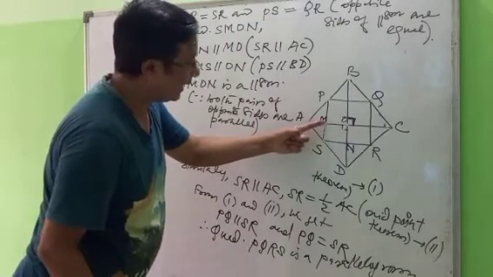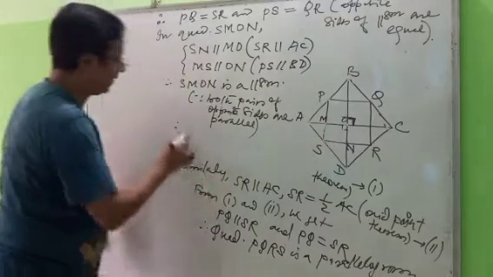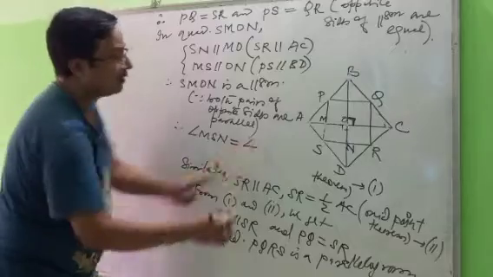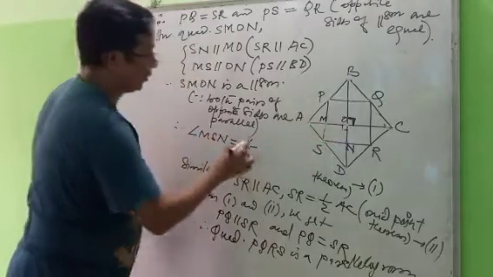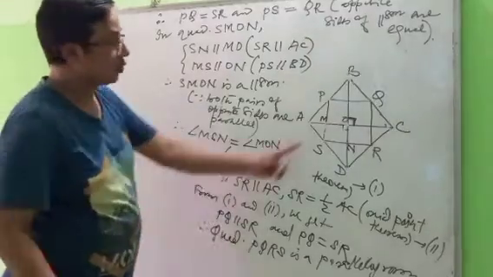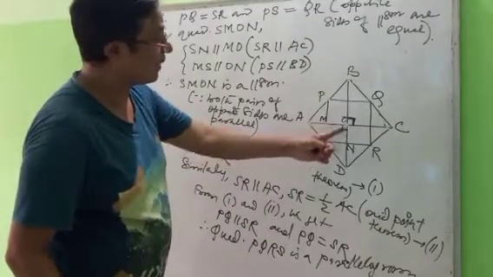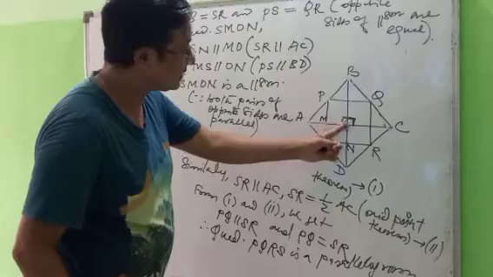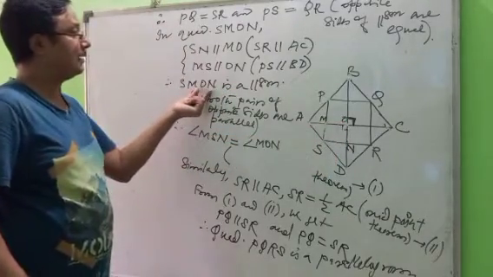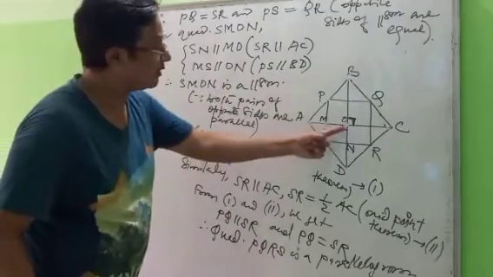Therefore angle MSN equals angle MON. Why? Because opposite angles of a parallelogram are equal. Now this has become a parallelogram. That is why opposite angles are equal.